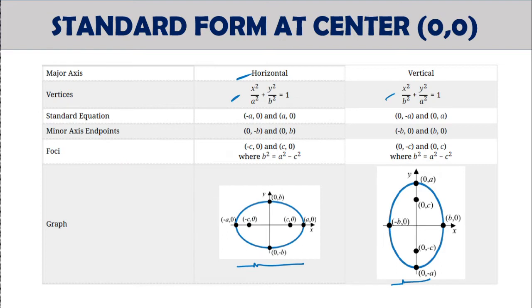So, magkakaiba, opposite sila. Okay? So, we will discuss this in the later part of our discussion. So, again, may dalawang type ng graph ng ellipse. It can be horizontal or vertical.